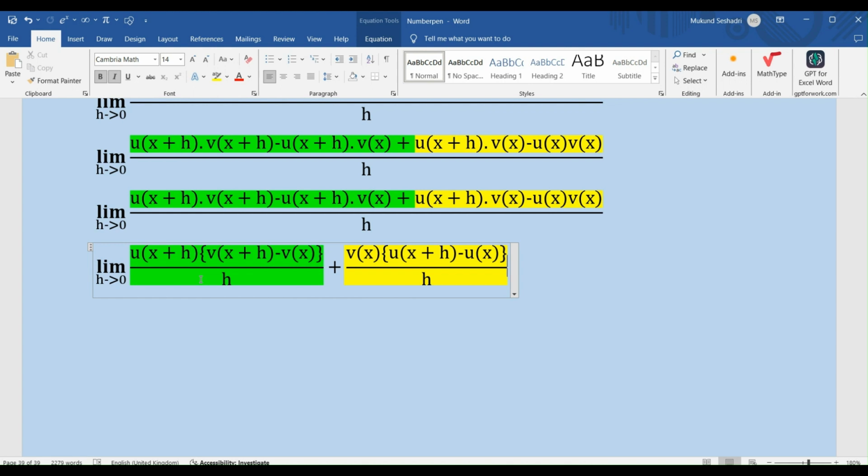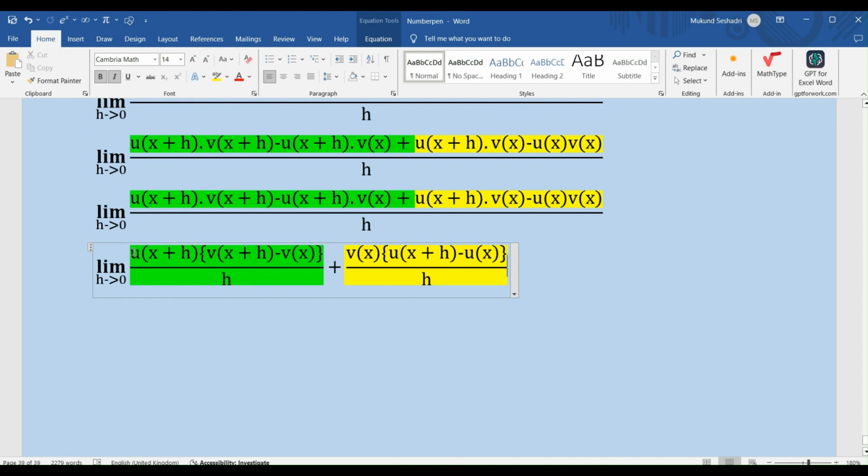So a continuous function need not necessarily be differentiable. But if a function is differentiable, and that's the assumption here, we know that the function is definitely continuous, right? So both these functions, u of x and v of x, are continuous, and I'm going to draw your attention to the algebra rule of continuity, right?